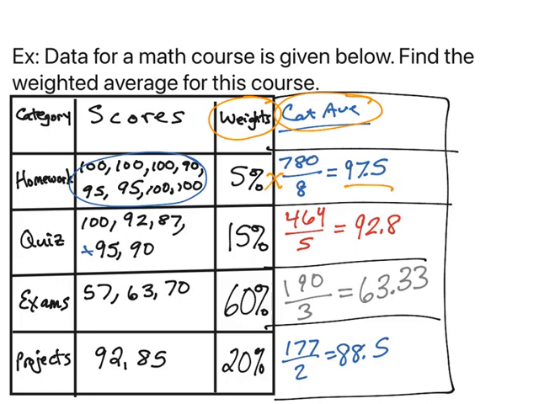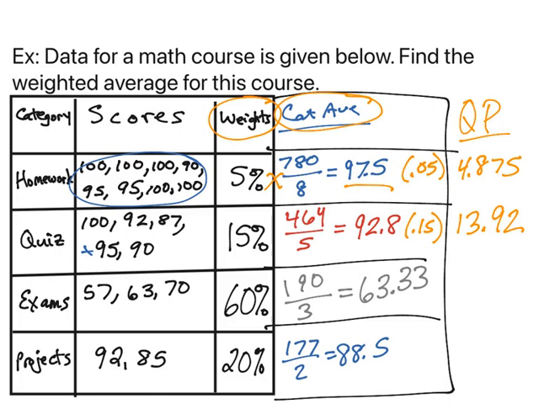So I'm going to take my category average for homework of 97.5 and multiply by 0.05 because the weight is 5%. So my quality points line is 4.875. For quizzes, I take 92.8 and I multiply by 0.15 because my weight is 15%, and that gives me 13.92.